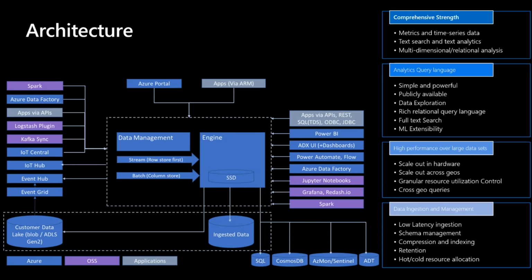On the left-hand side of the architecture slide, you can see the list of supported data sources. And on the right-hand side, there's the different integrations and tools that you can use to access the data. ADX also supports query federation across other ADX clusters with SQL, with Cosmos DB, Azure Digital Twins, as well as various formats of data which are stored in the data lake without the need to ingest it into an ADX cluster.